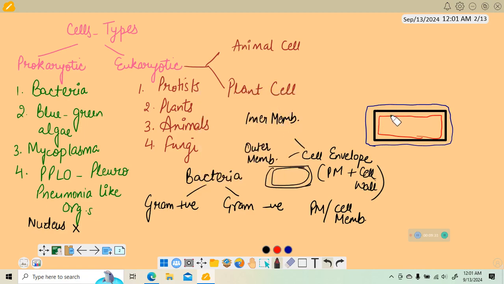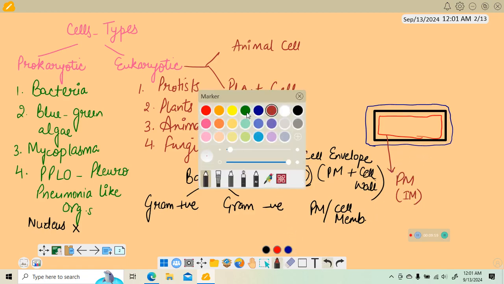Starting from the inside, this is the plasma membrane, which is semi-permeable, or you can say inner membrane, since it's towards the inside of the cell.